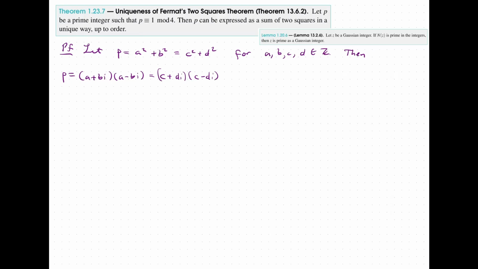The next thing is if we take norms, just observe that the norm of a plus or minus bi and the norm of c plus or minus di, this is equal to p, since the norms are going to be a squared plus b squared and c squared plus d squared respectively.